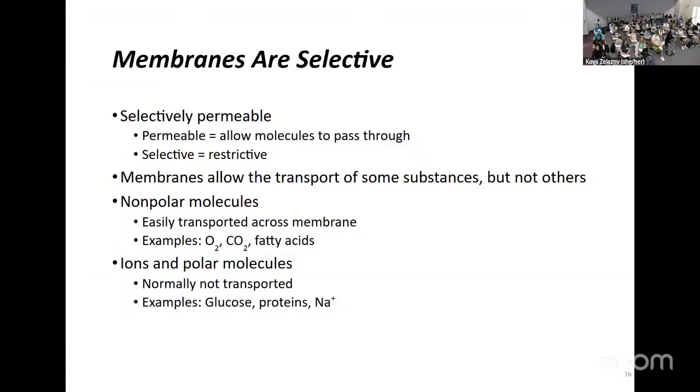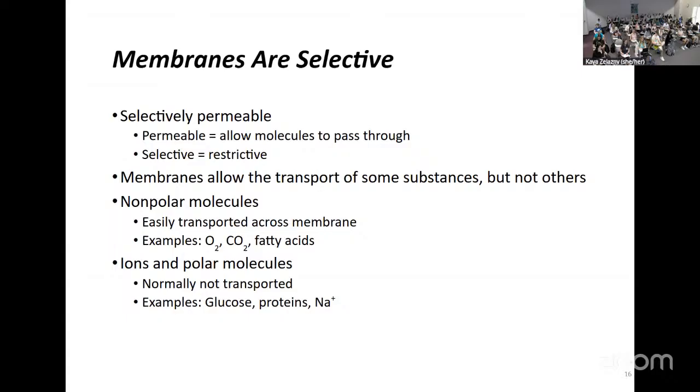So when we think about what can and can't cross at baseline, right? Like when we start out with a cell, we're not specifying any specific extra processes. What's easily going to get transported across the membrane? We can easily move small stuff and non-polar stuff, right?